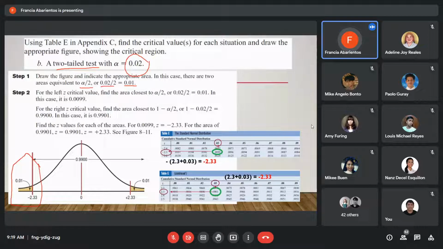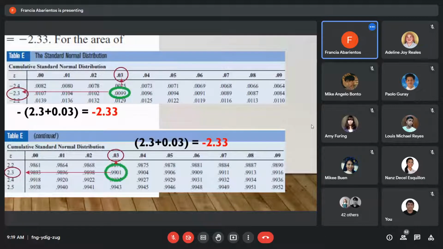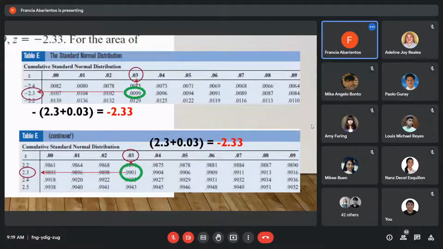Gamitin na natin ito, 0.01. Ayan. So, yung distribution natin, in 0.01, makikita natin that this falls under the negative kasi nandun naman talaga siya sa left side. Checking that, we have 2.3 plus 0.03. We have now negative 2.33.